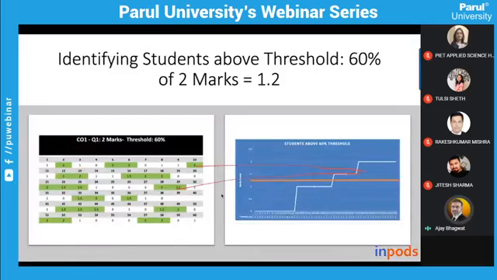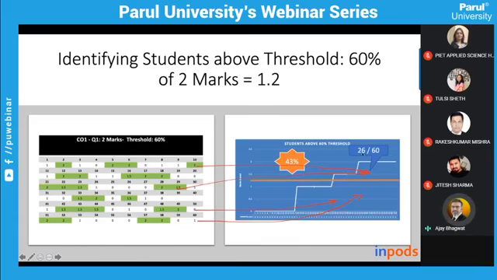So it's very simple now. Just count the students who are in green boxes and those who are in white boxes, and it gives you a ratio. 26 out of 60 are above the threshold line, and that gives you 43% as the attainment percentage. So 60 is the threshold here, and attainment percentage 43.